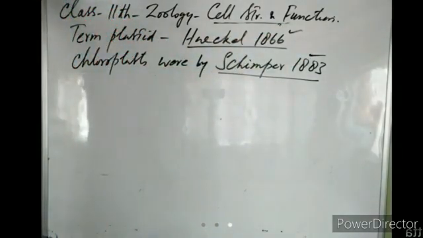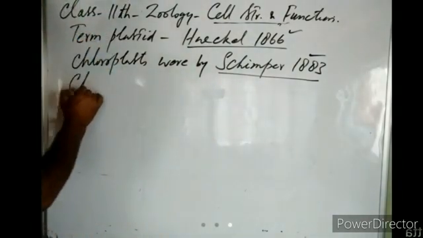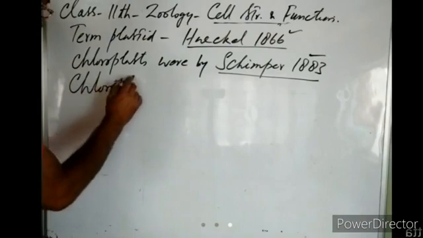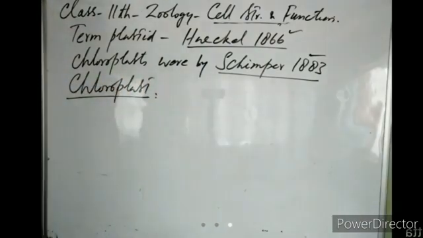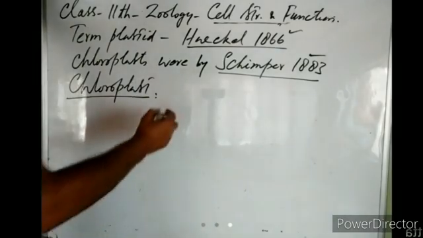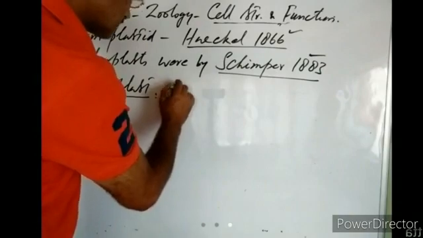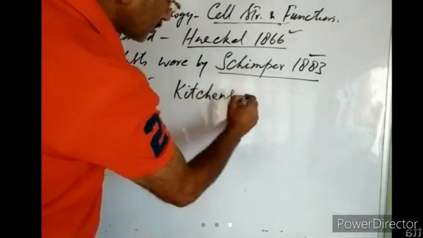Right now, the plastid which we are going to discuss is the chloroplast. We are mainly concerned with the chloroplasts. These chloroplasts, as you know, are most commonly known as the kitchens of the cell.